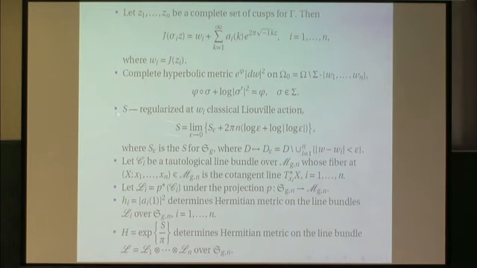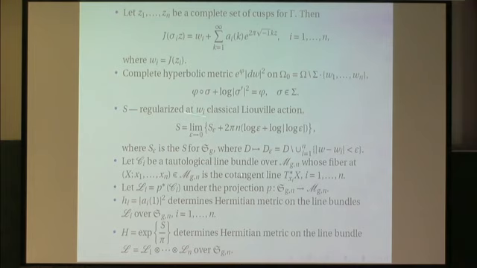Then you define the regularized classical Liouville action, where you take the action for Schottky, which was described before, and you basically truncate the fundamental domain by removing small Euclidean disks around these marked points.